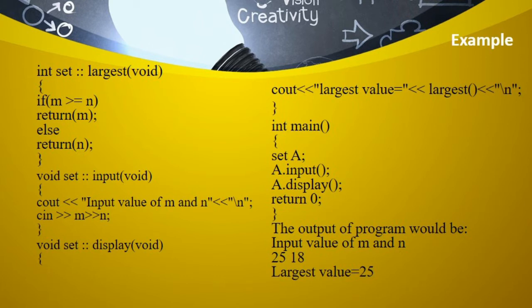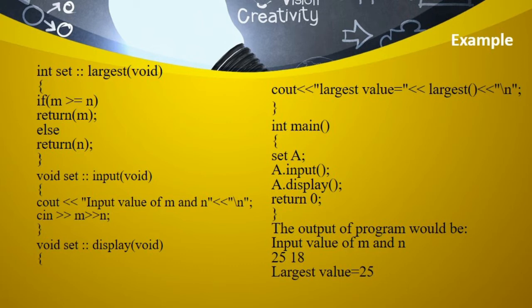So now again the execution passes to the largest member function. In that member function, it compares the values of M and N. I have given the value of M as 25 and N as 18. So 25 is greater than or equal to 18. The condition is true, so the M value is returned. M holds the value 25 and it returns to the display function where the largest function is called.